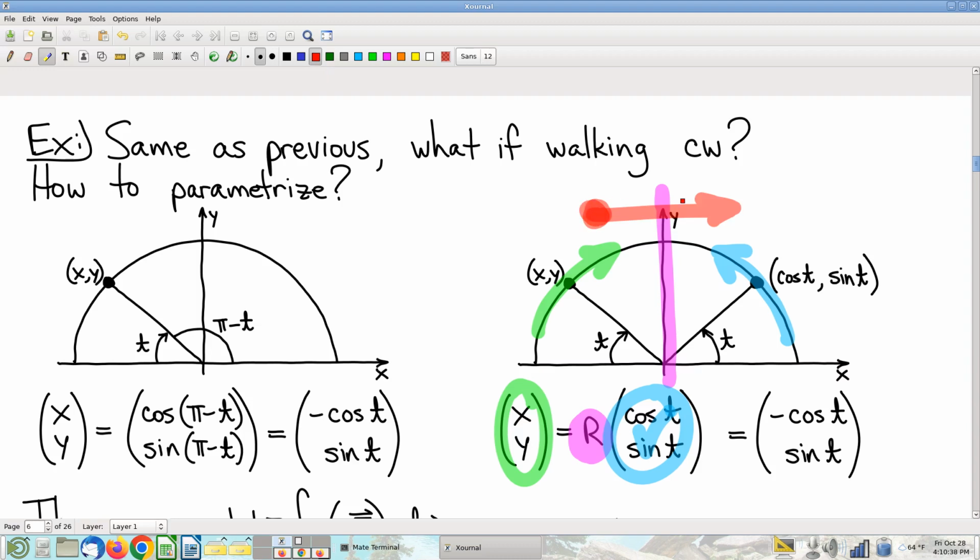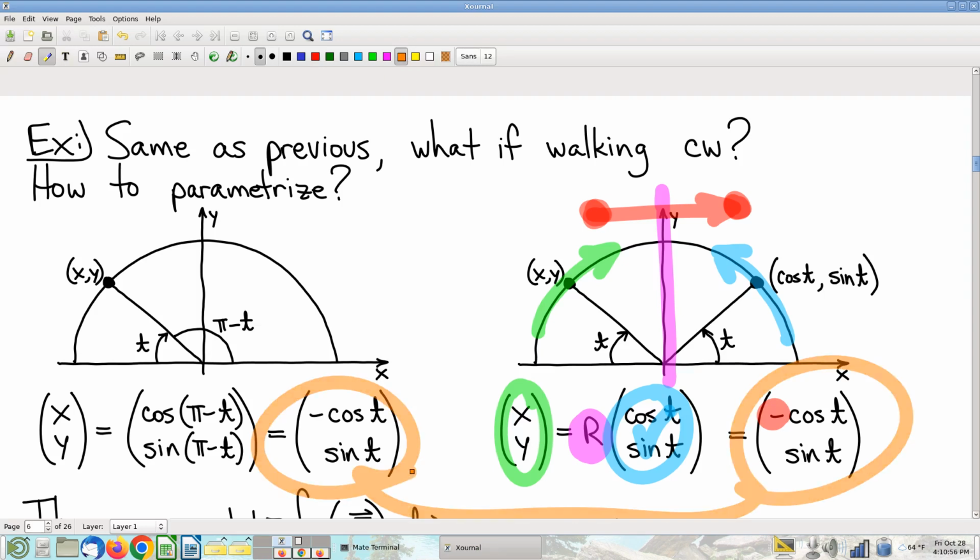If you reflect over the y-axis, notice that the y-coordinate stays the same. The x-coordinate gets a minus sign, and that minus sign is exactly right there. And again, we win. We get the exact same parameterization that we got before. Different point of view. Same result. What do you think of that one? Everybody happy? Okay. So, tools for your toolbox again.